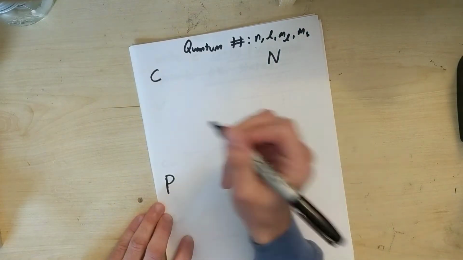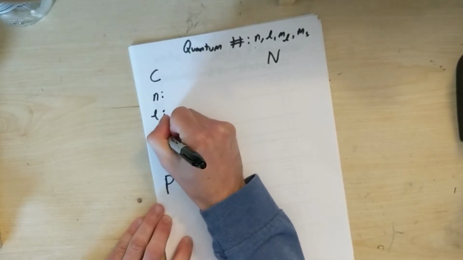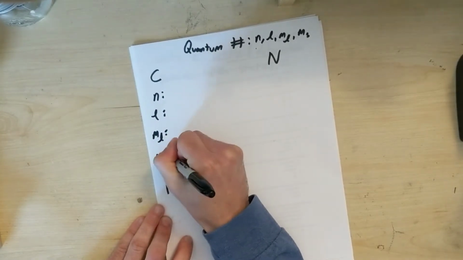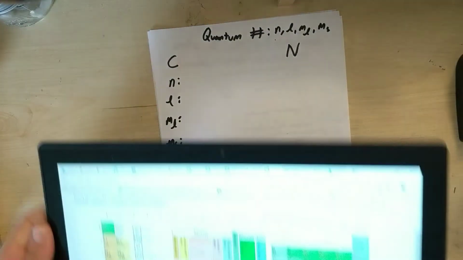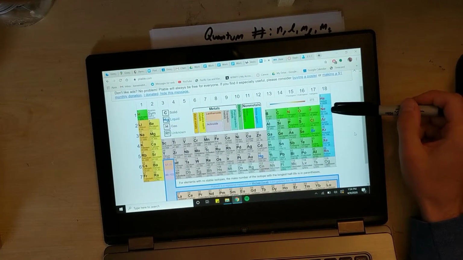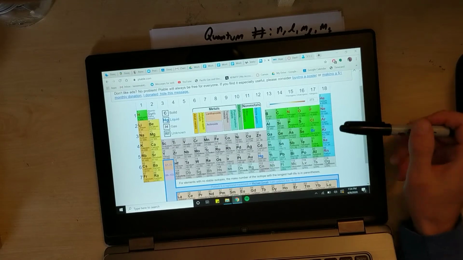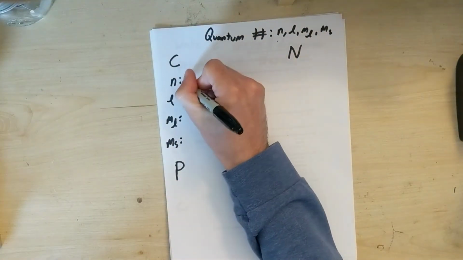For carbon, we have an N value, an L value, an M sub L value, and then an M sub S value. For carbon, the N value, which is the energy level, if we look at our periodic table, is in this period, or this row. So that's an energy level of 2. So the N for carbon is going to be 2.